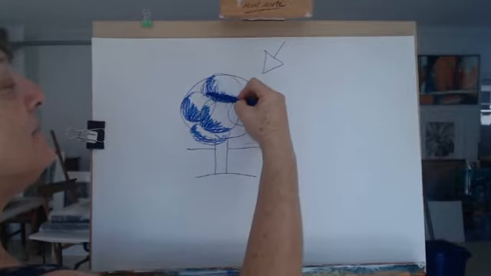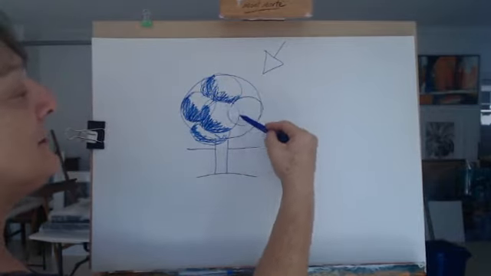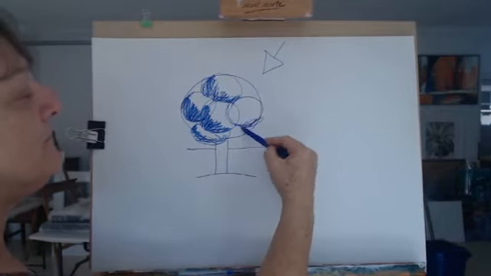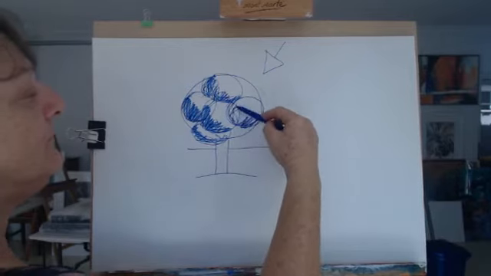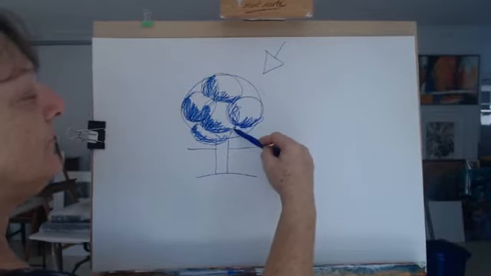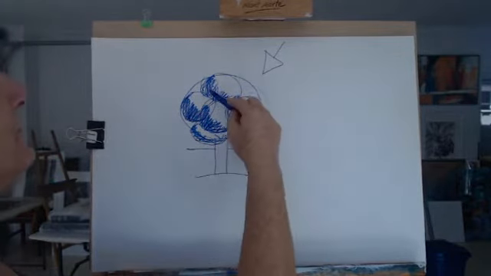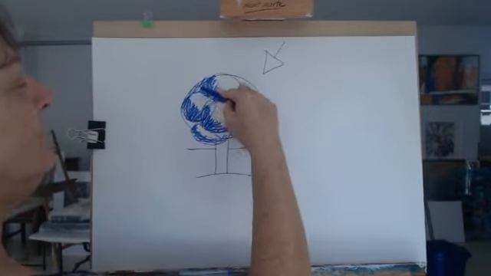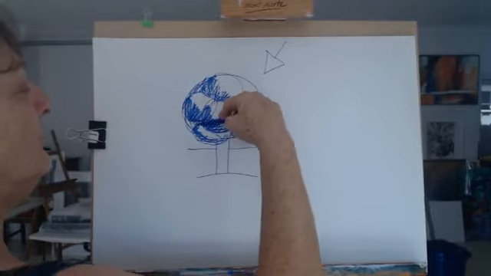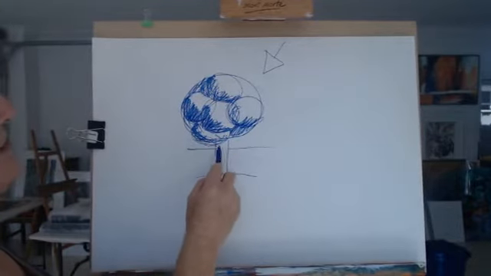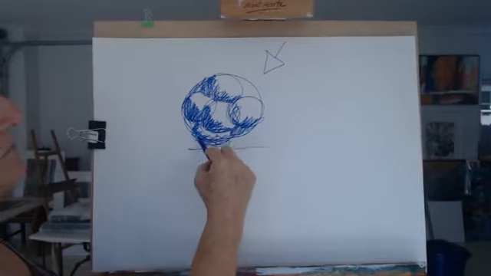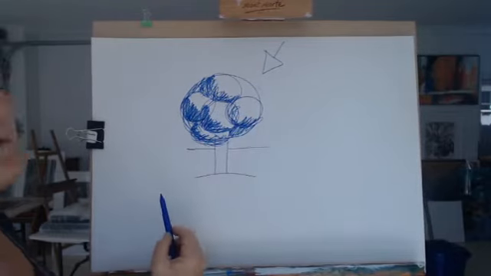So these blobs of foliage, whatever you want to call them, and we might have shading right in there. So in general, maybe these ones here will be more in shadow and these ones here will be more in light.